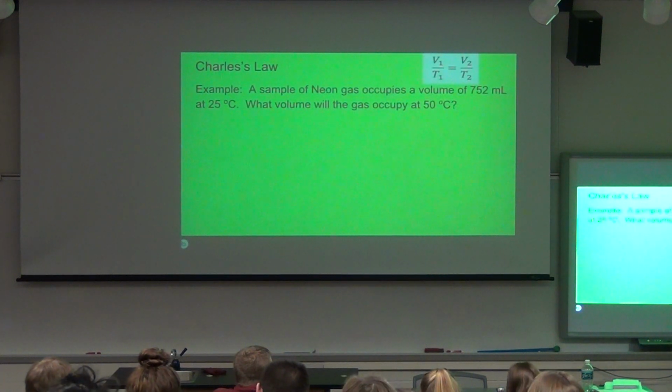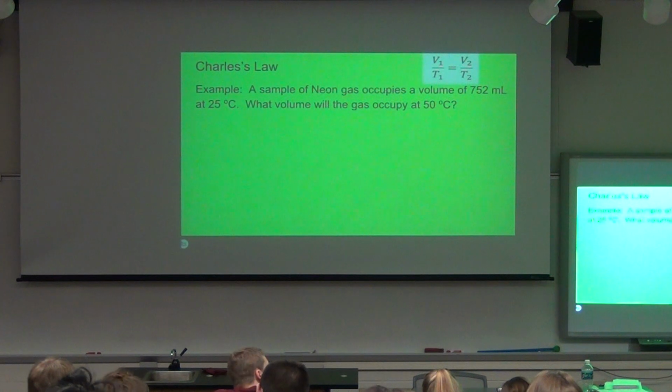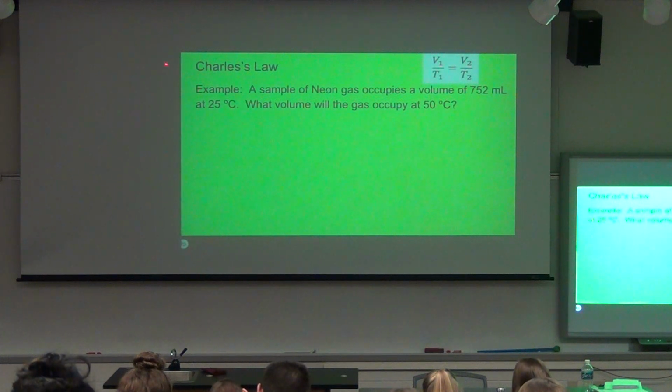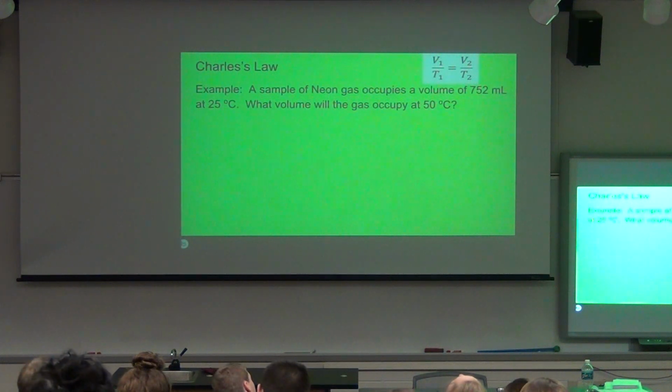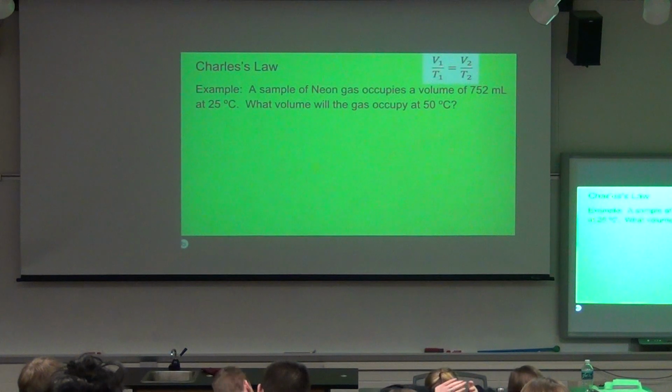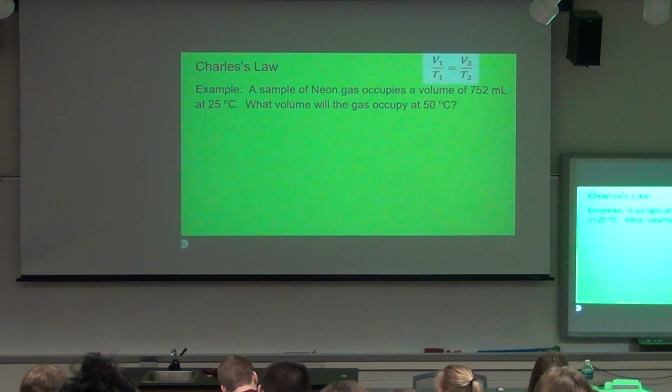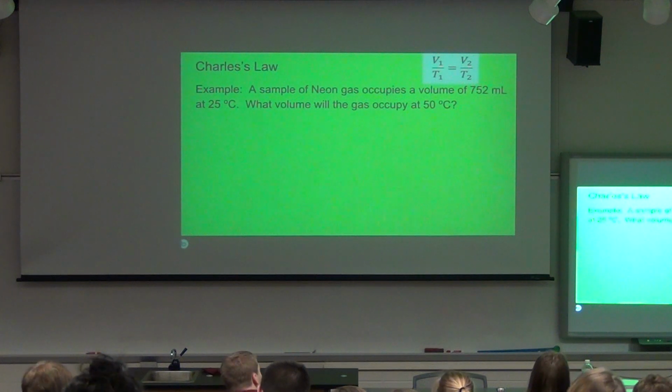Here's our example. We got a sample of neon gas, and it's got a volume of 752 milliliters. It's at 25 degrees Celsius. What volume will it occupy at 50 degrees Celsius? Question: should our volume increase or decrease just by looking at it?